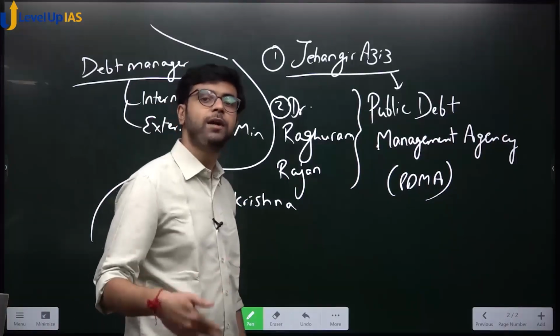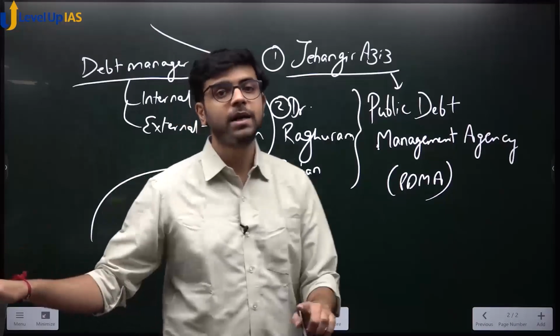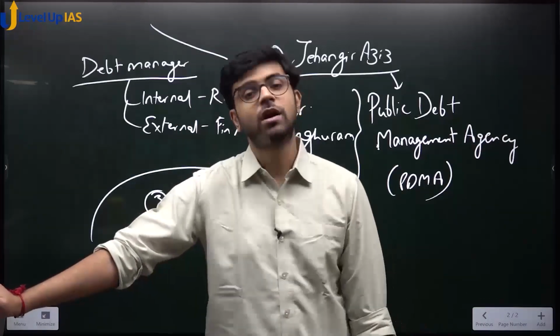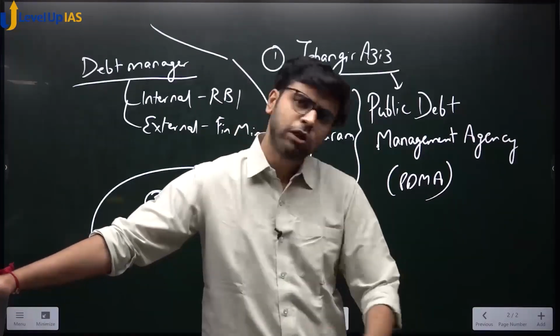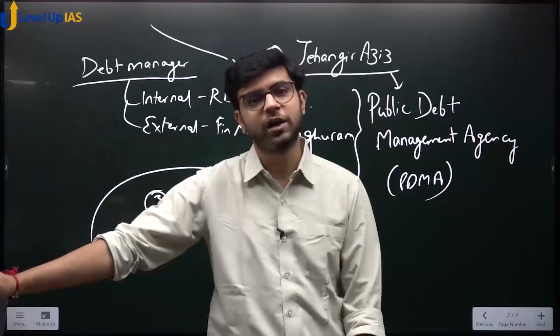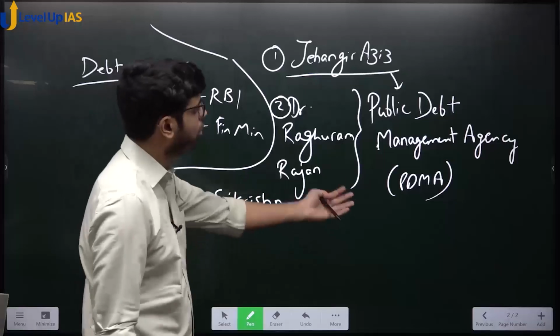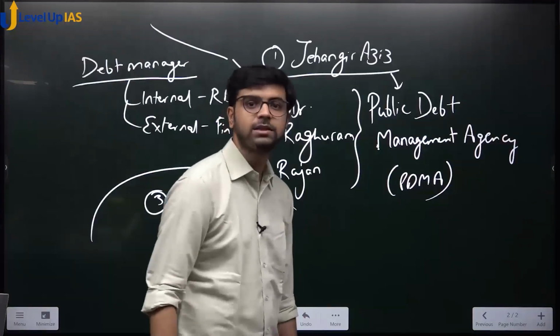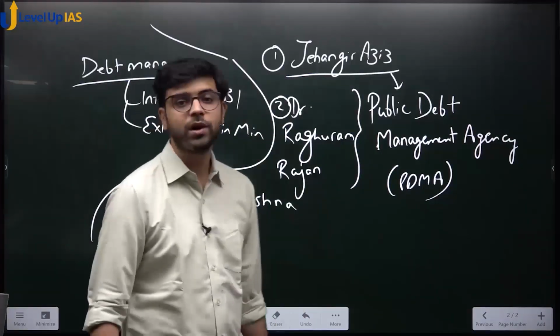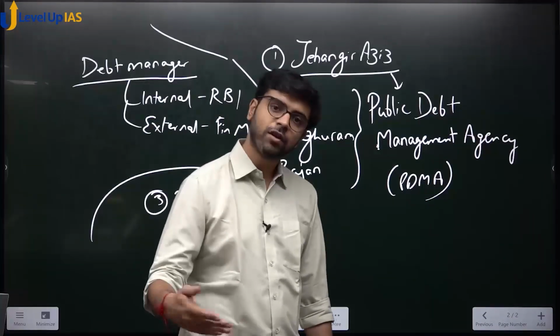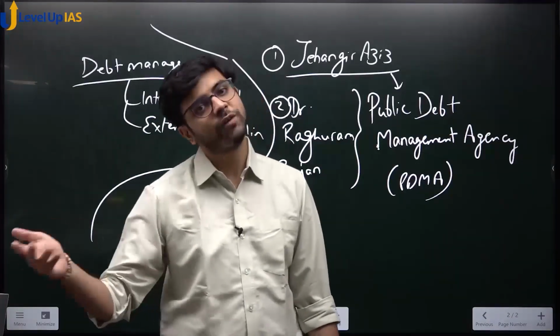B.N. Sri Krishna has headed more than 10 committees. One committee was headed on data privacy law. One was on something not related to economics also. So don't be confused. Here we are talking about this committee which was tasked with Public Debt Management Agency. Similarly, Dr. Raghuram Rajan has also headed 2-3 different committees. Okay.